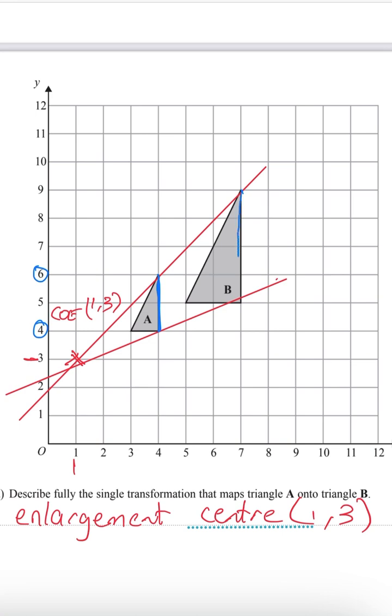And 1, 2, 3, 4. So this one is 4. So destination over origin, 4 over 2. Scale factor is 4 over 2, simplifies to 2. Scale factor 2. So hopefully you got the same answer as me.